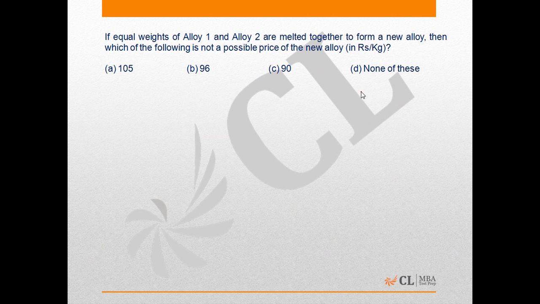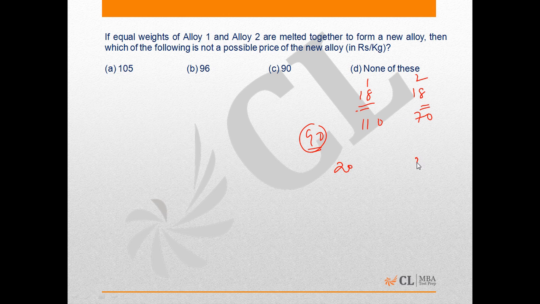When 18 kg of each of the 2 alloys, that is alloy 1 and alloy 2, are melted, the price of the new alloy is 90, as the price of alloy 1 is 110 and that of alloy 2 is 70, and they are mixed in the same quantity, therefore their price will be 90.